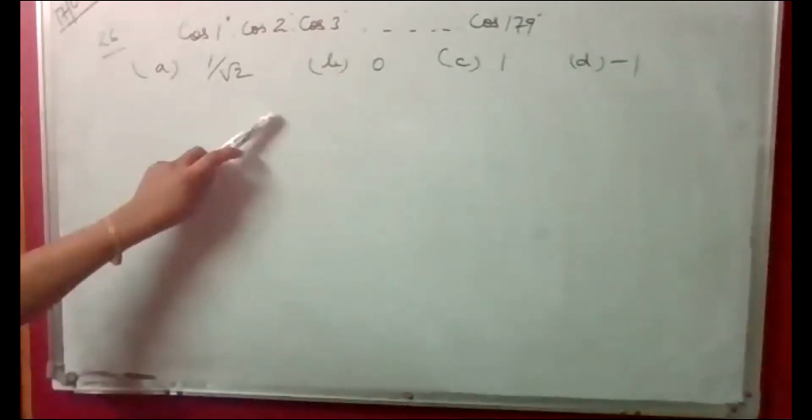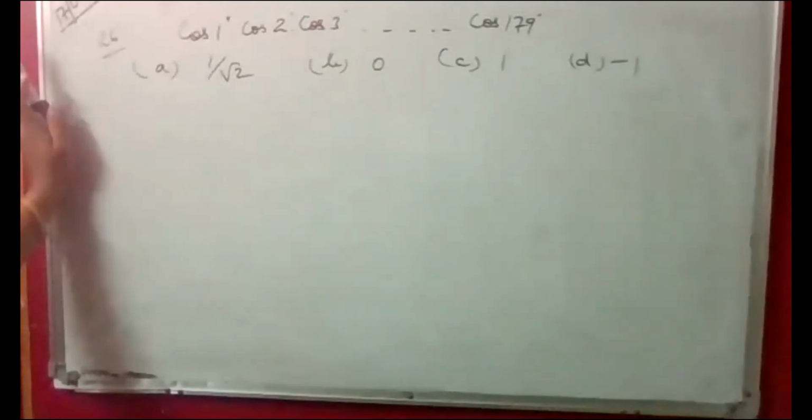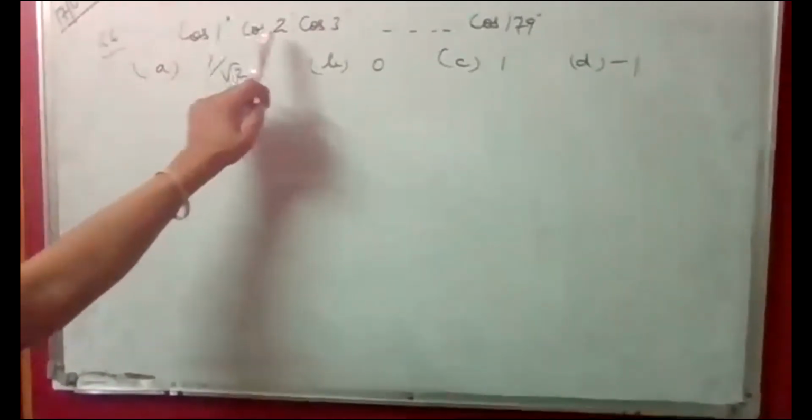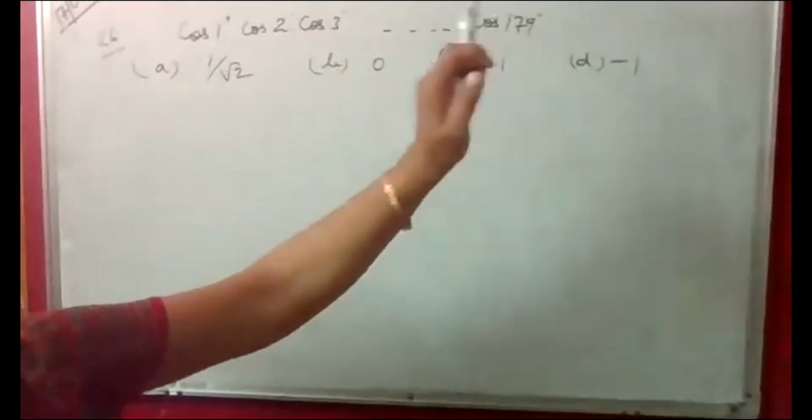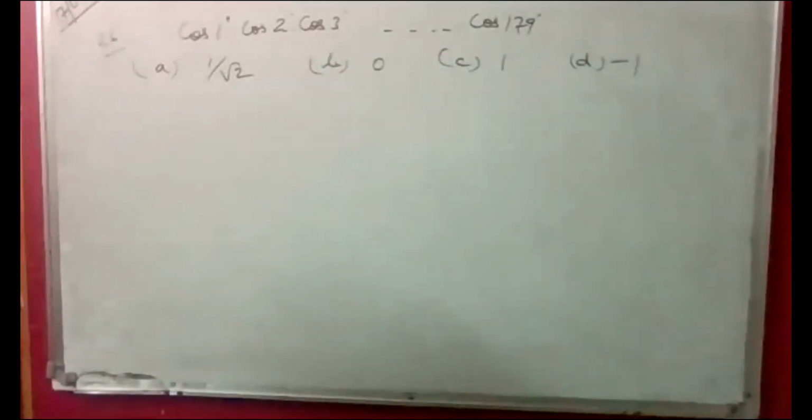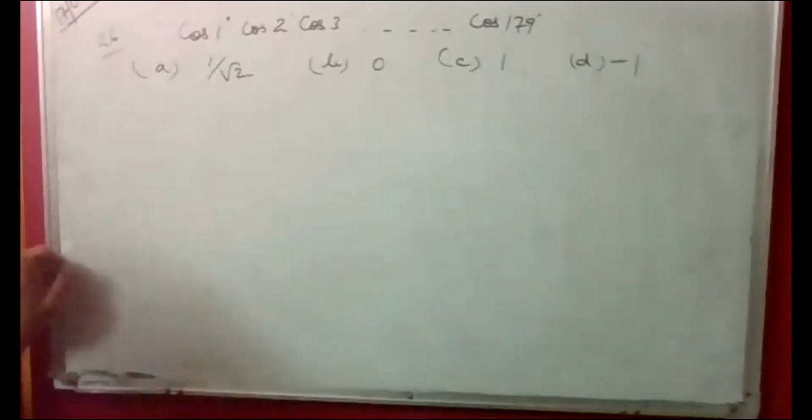Yes, Vanshika, can you tell me the answer here? It is starting from 1 degree and the series is going on 1, 2, 3, 4, 5 up to 179 degree. Yes, who's giving the answer? C, 0. Very good, Yash. Very good, Vaibhav.